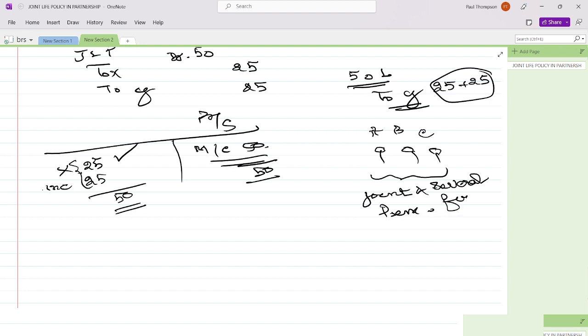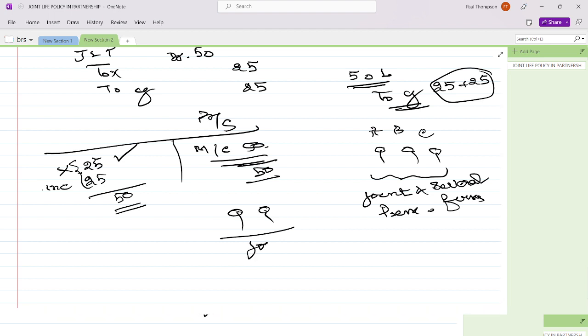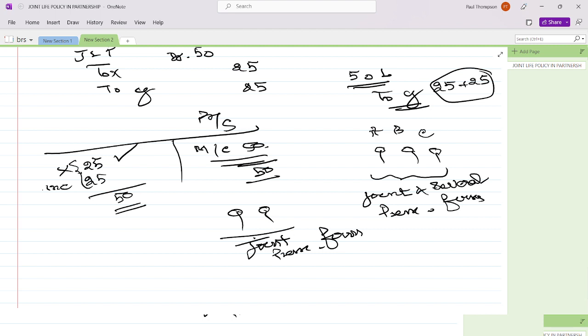In both the cases, in joint policy, what happened? The policy is one in both their names and it is known as joint life policy, and the premium is paid by the firm. So whatever money is received from the insurance company by the firm will be distributed among the partners in their profit sharing ratio.